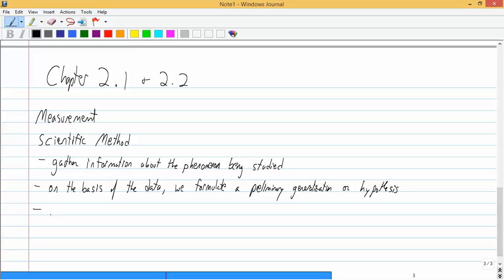Collect further data to test the hypothesis. And if the data and other subsequent experiments support the hypothesis, it becomes a law.